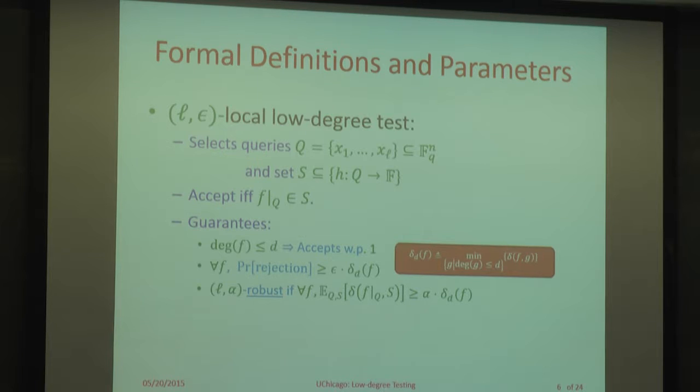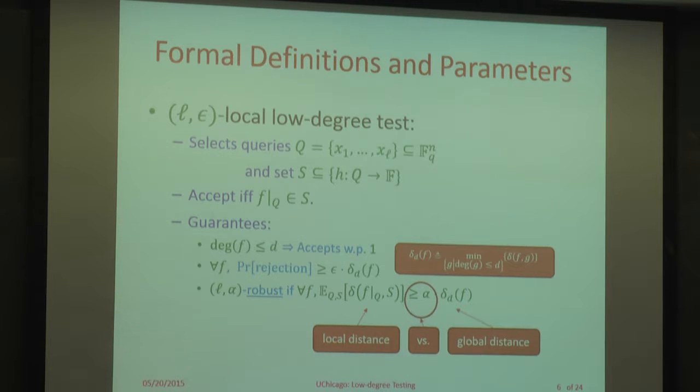That is another quantity, a random variable, and I can look at its expectation. This expectation I would like to be related to the global distance. So this is really a local to global relationship that we are exploring. The big distance is the quantity of interest, the small distance is what you can measure with a few samples. It would be nice if there were theorems relating the big distance to the small distance.